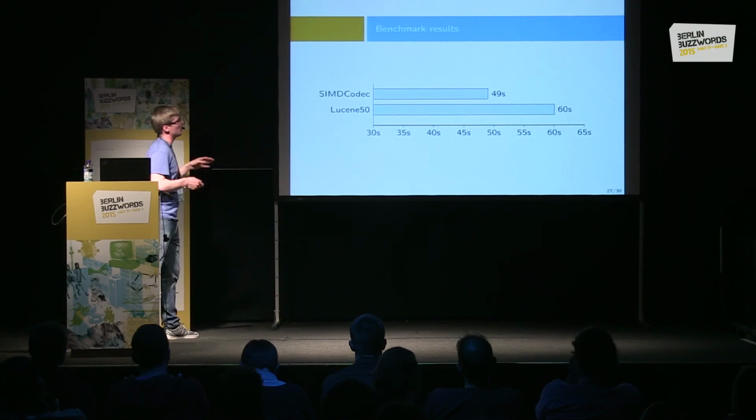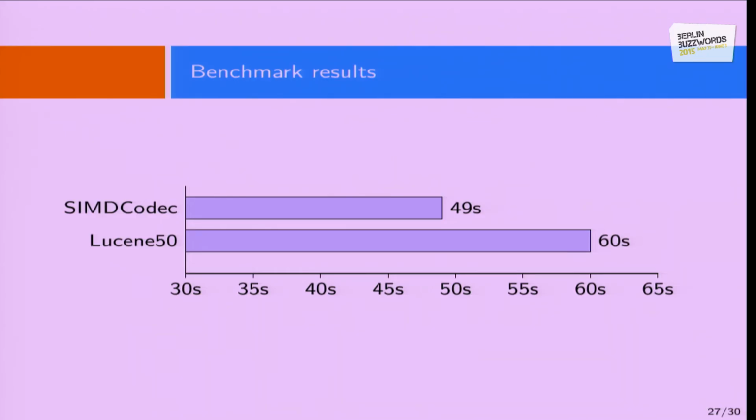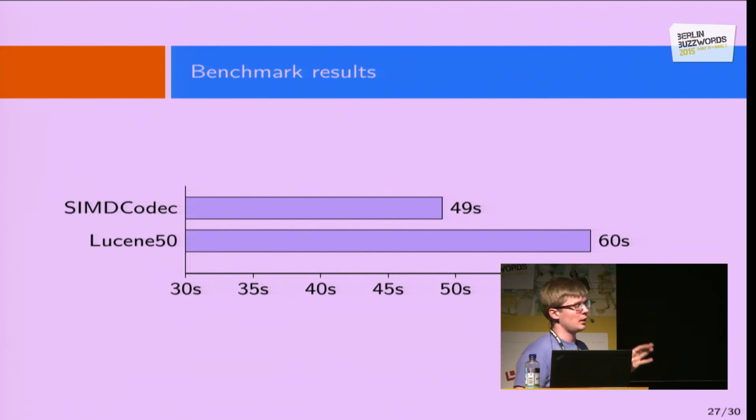In the case of the Lucene 5.0 codec, which is the default, it takes about 60 seconds to search the top 10K elements. In the case of my codec, it takes about 49 seconds. The total win is about 18%. I think it's a good boost. This result looks good.